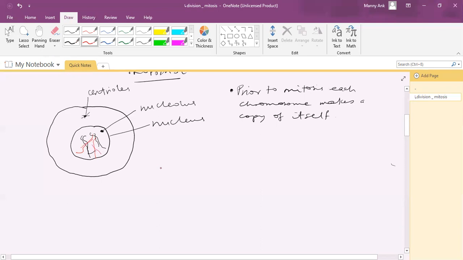And the chromosomes thicken, and then they coil. Chromosomes become thicker and coil.